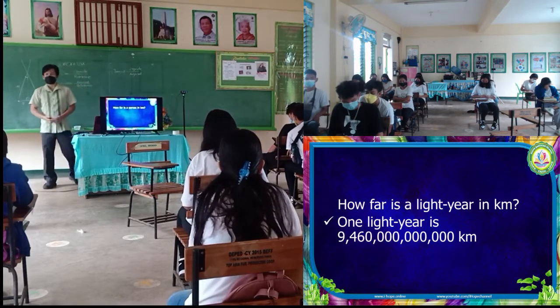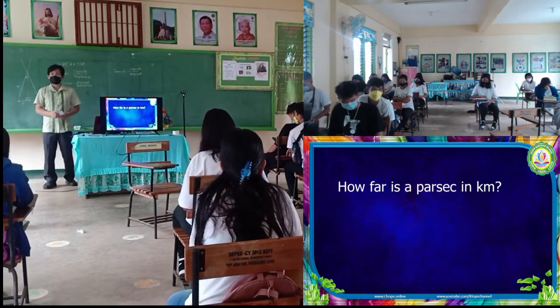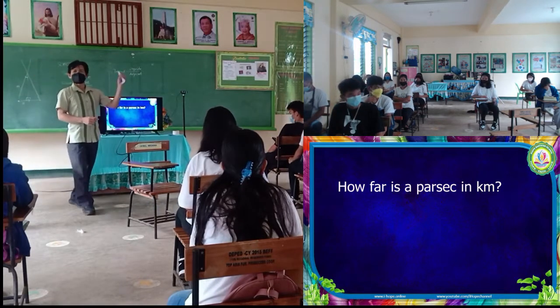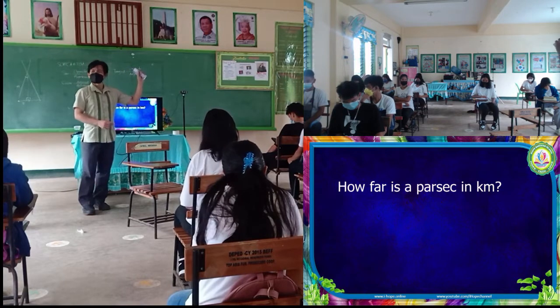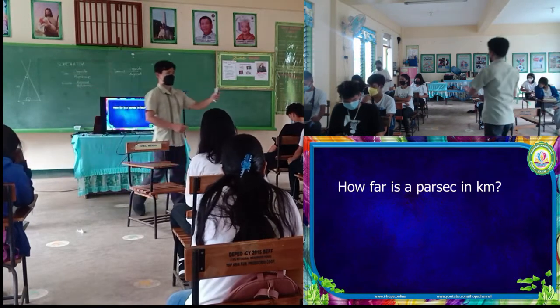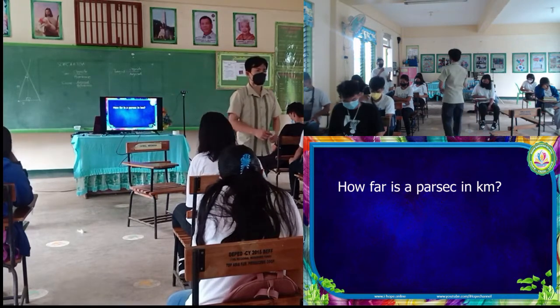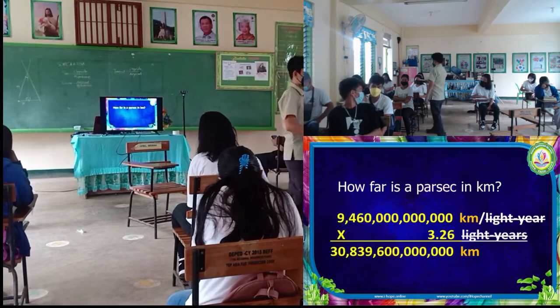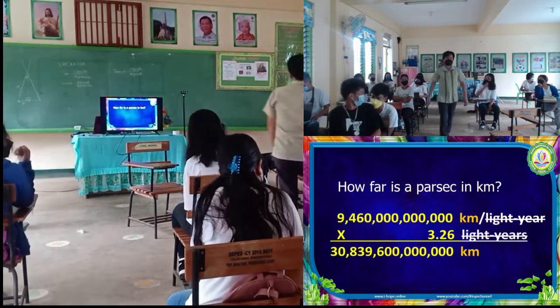How far is a parsec in kilometers? One parsec is 30,839,600 billion kilometers, so about 30 trillion.